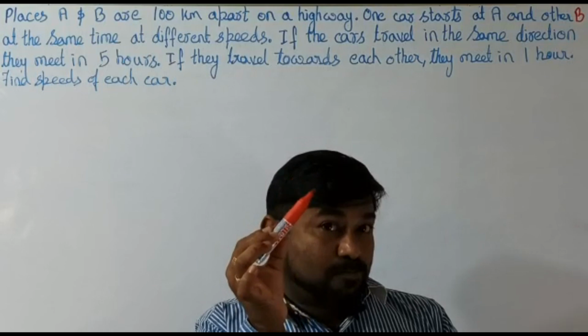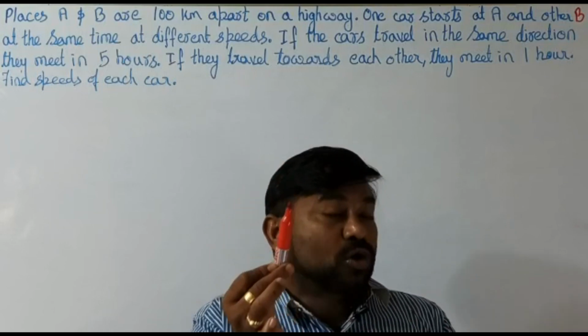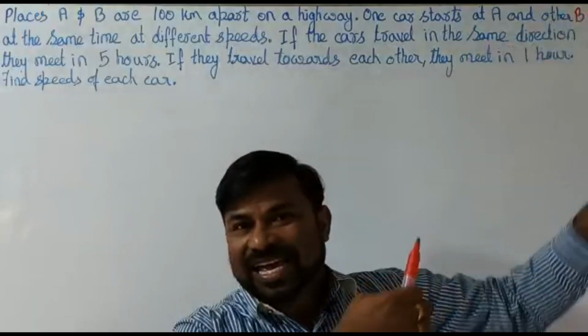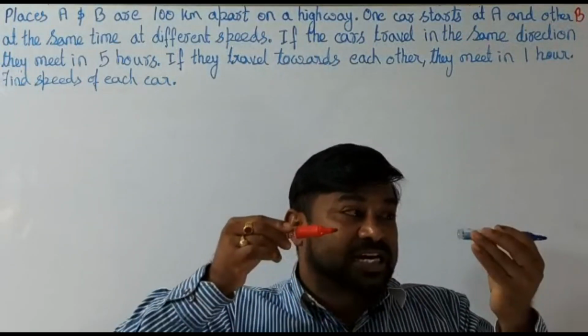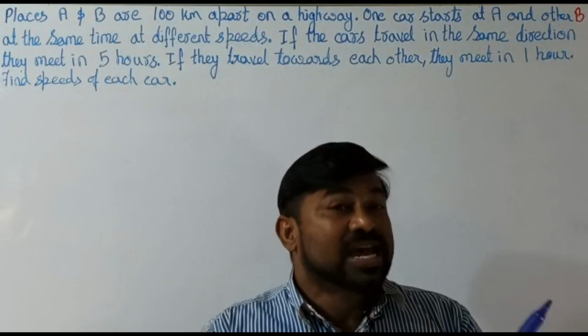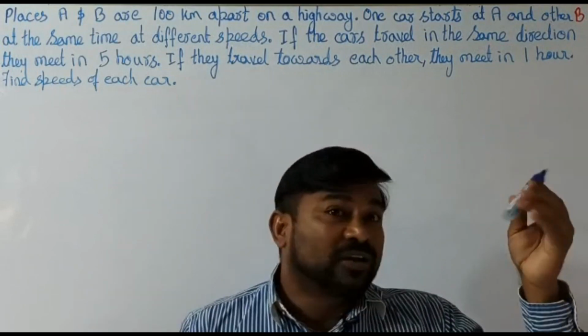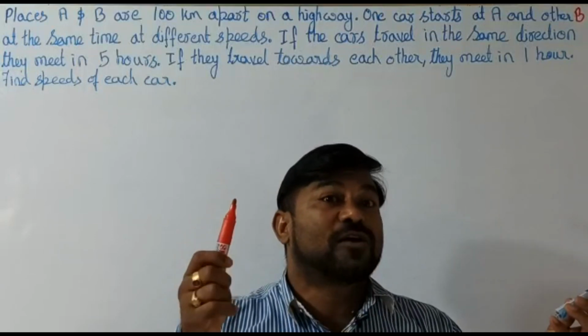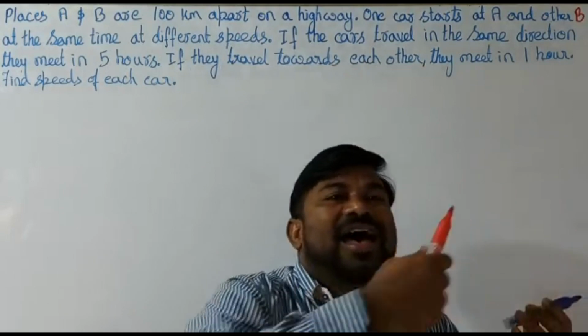If the speed of the one at the back is more, then only it can meet, of course after a certain distance. The distance between the two cars is 100 kilometers, so after 5 hours, whatever distance is traveled by the front car, the back car has to travel more than that.